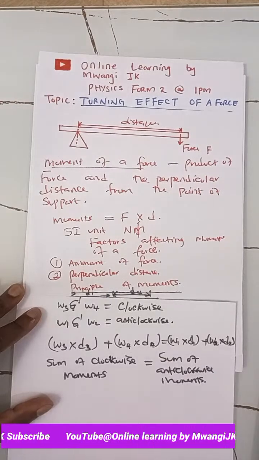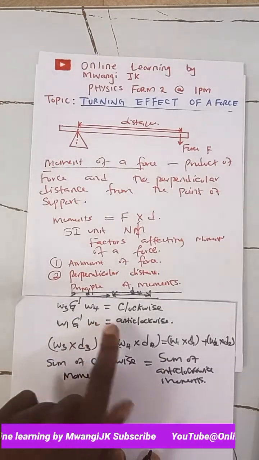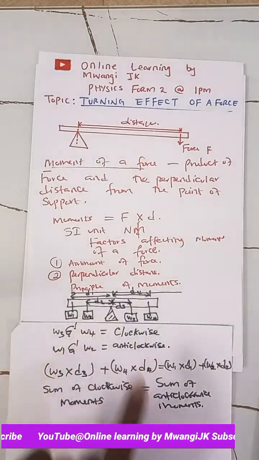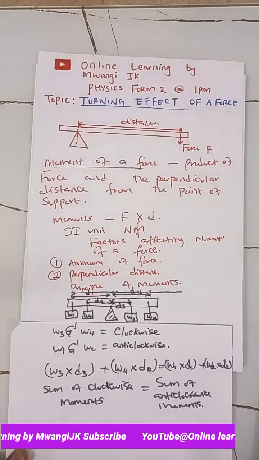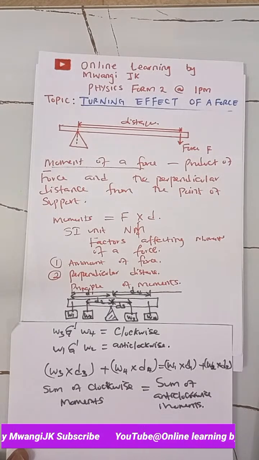And for that bar to balance at that particular point, the sum of clockwise moments should be equal to the sum of anti-clockwise moments, and that gives us the summary about the principle of moments.